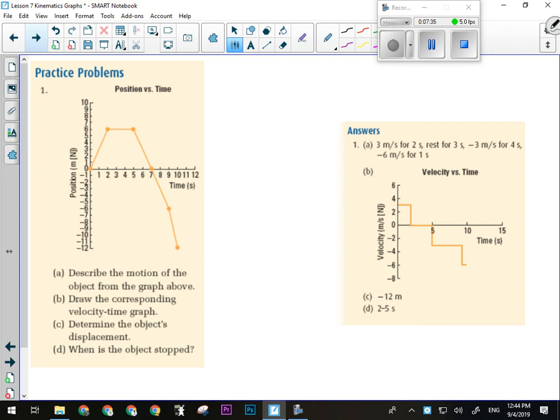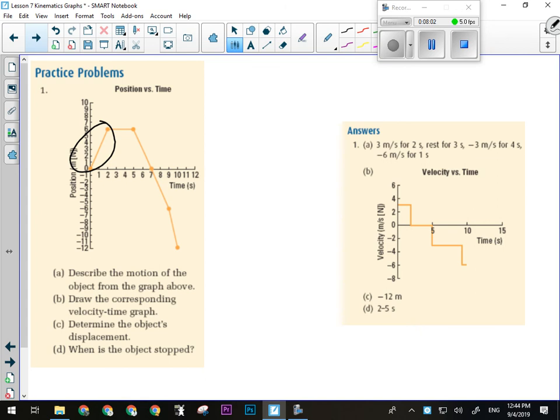Okay, so this is a position versus time graph here in question number 1. It's asking us, describe the motion of the object from the graph above. What's the object doing in this part of the graph? Remember, this is a position versus time graph. It's moving at a constant velocity in a positive, or in this case, north direction.